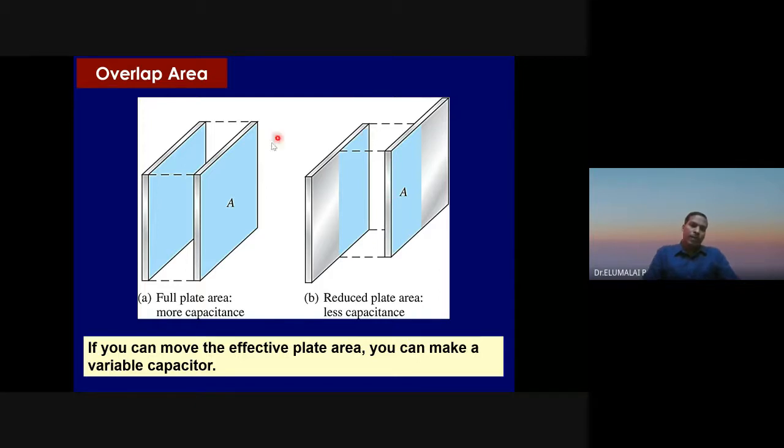Use the complete area, and you get large capacitance or large storage of charges. You reduce the area, and you will have a reduced storage of charges. So a variable capacitor, like a variable resistor, is possible to construct if you manipulate the area of the conducting plates.